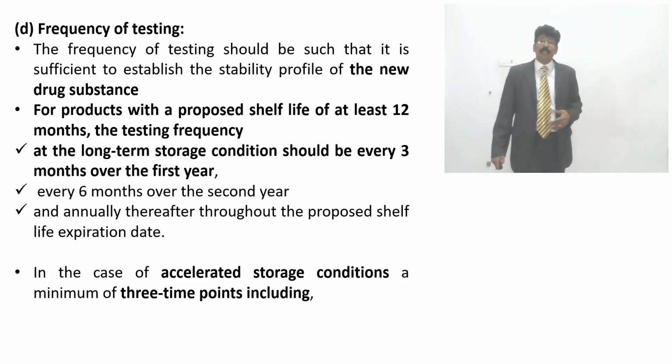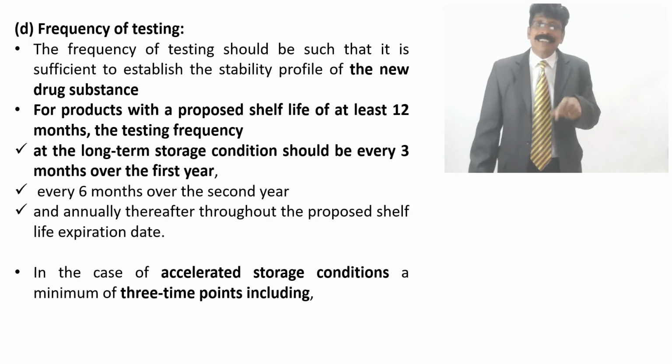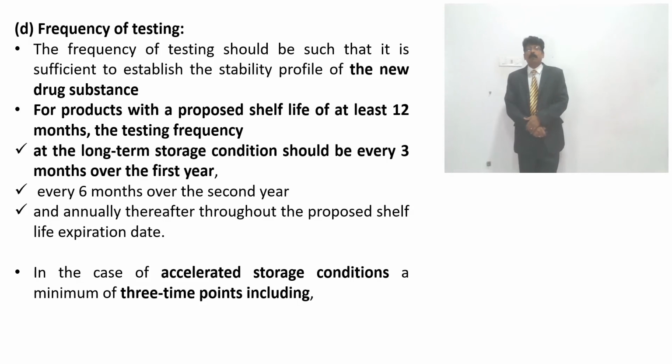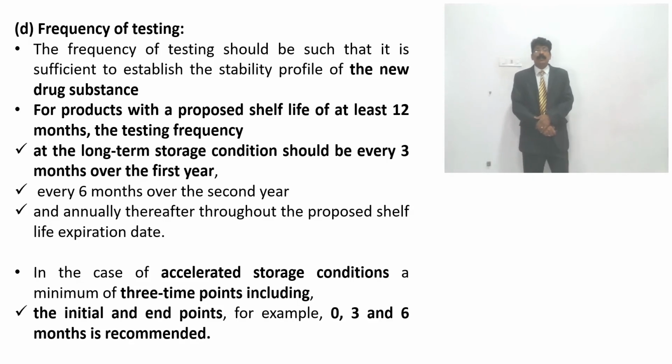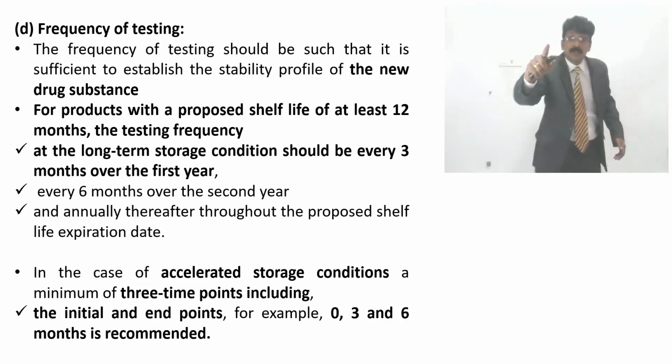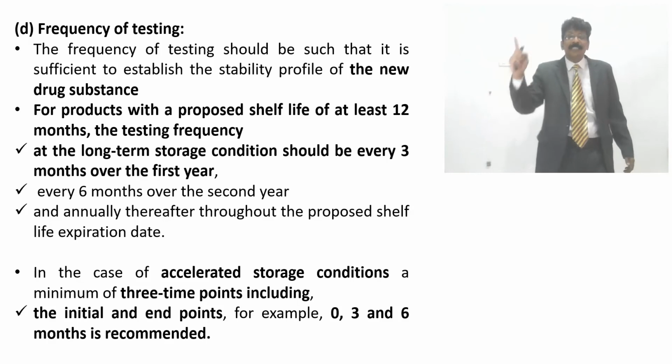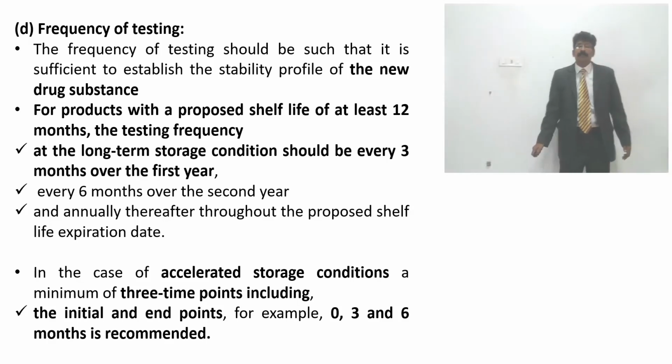In the case of accelerated storage condition, a minimum of 3 time points, including the initial 0 and end point of the stability study, 0, 3 months, 6 months is recommended. Understand?